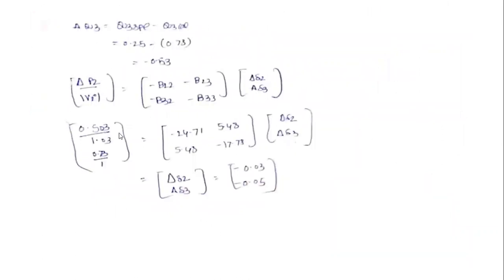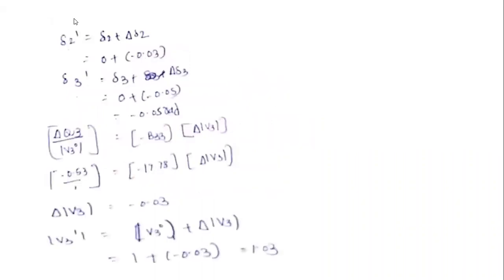Then we apply the fast decoupled method formula. By using this formula, we calculate delta delta 2 and delta delta 3. After calculating delta delta 2 and delta delta 3, we calculate delta 2 dash, that is delta 2 plus delta delta 2. Then we calculate the V3 dash.